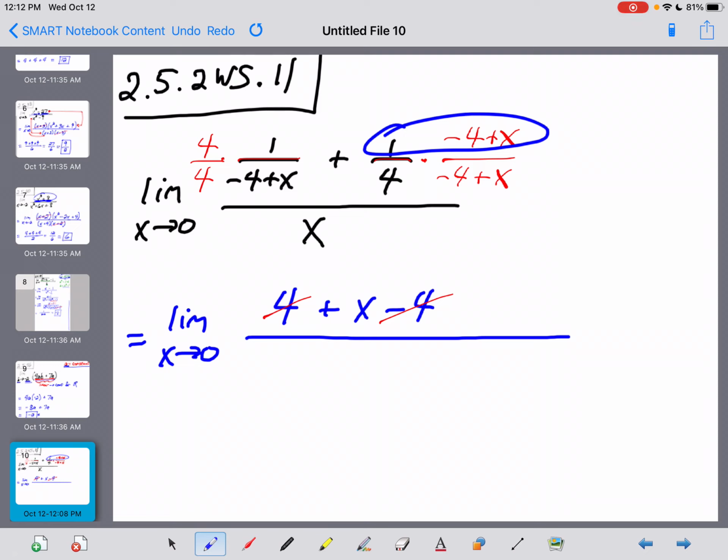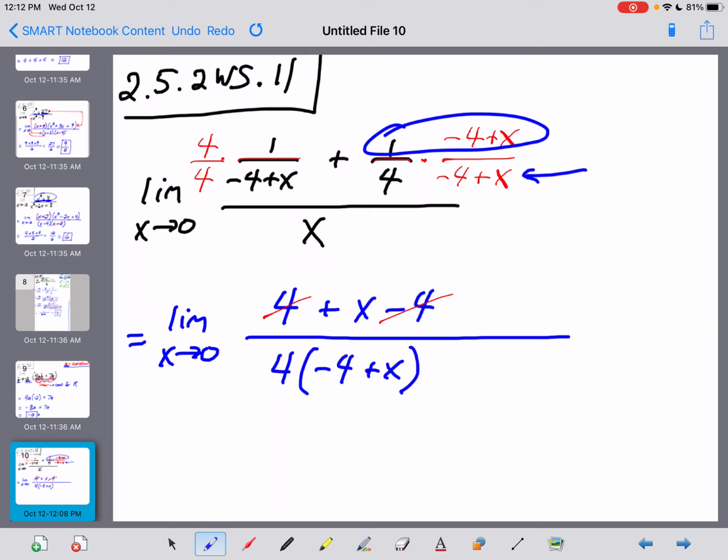Now, I'm focusing on this line right here, guys, what I would call the denominator of the numerator, which is just going to be the product of 4 times negative 4 plus x. Now I'm going to write that not as the denominator of the numerator, but downstairs in the numerator of the denominator, 4 times negative 4 plus x.